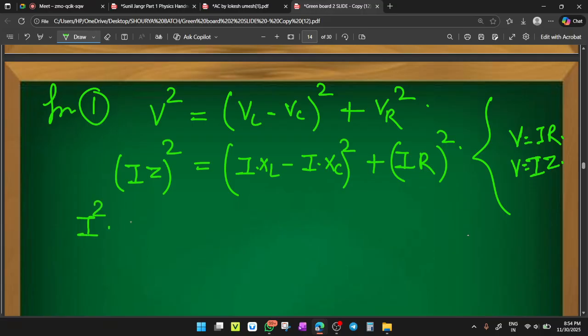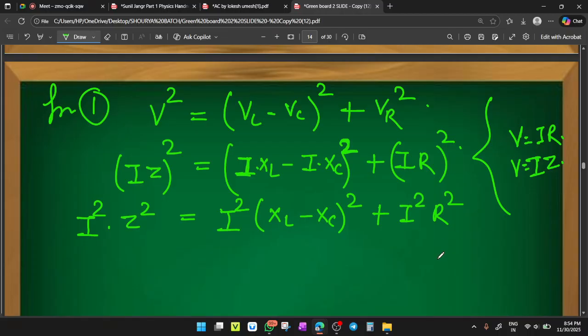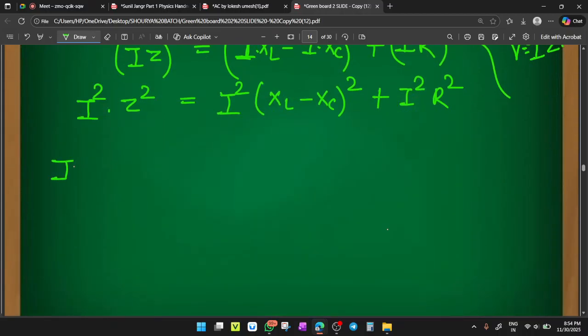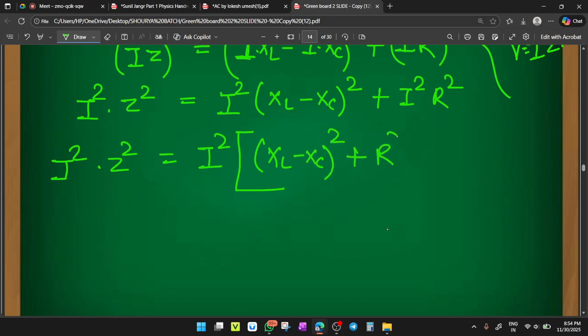Take I square Z square. Now I square is common, so this will become (XL minus XC) whole square, because I square we have taken common, plus I square R square. So I square Z square equals I square common from each and every term: (XL minus XC) whole square plus R square. I square and I square cancel.